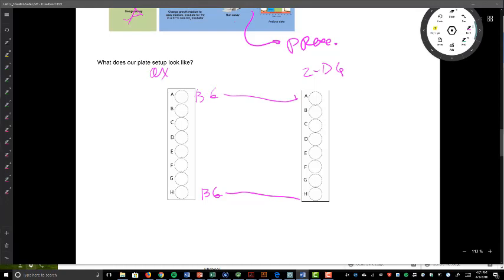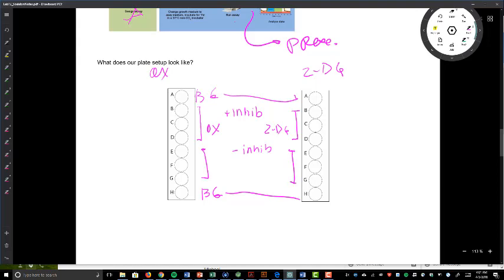So B through D on each plate are going to be plus inhibitor: oxamate for the left-hand plate and then 2-DG for the right-hand plate. And then we're going to have minus inhibitor for E through G, so that's cells with no inhibitor added.